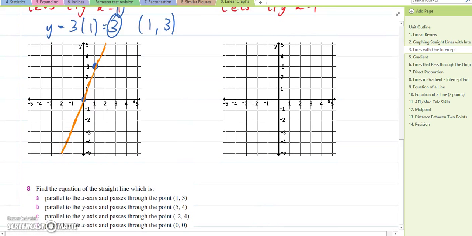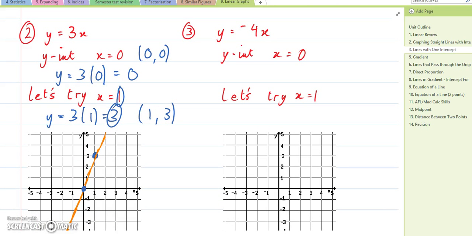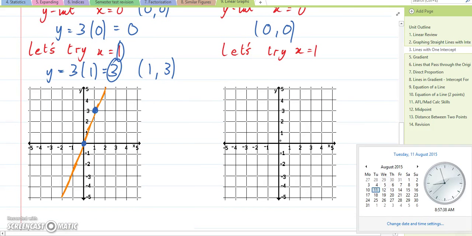Key thing about linear equations, you only need 2 points on any of these questions to be able to sketch them. Let's have another go with this. So again, straight away, we can see that the y-intercept is going to be 0, 0. Because we don't have a plus c value, our y and x-intercept will be at 0, 0.